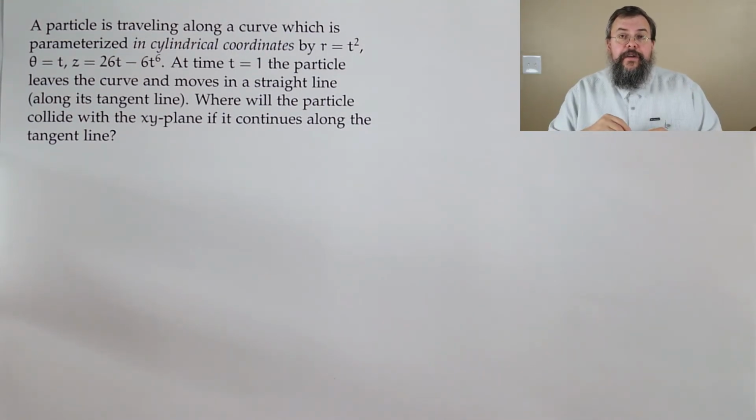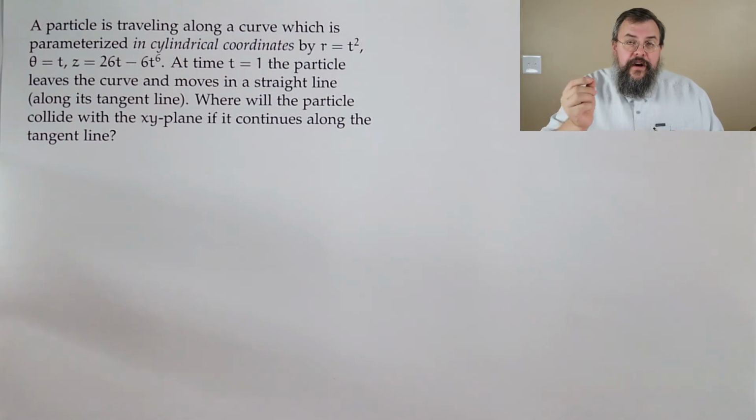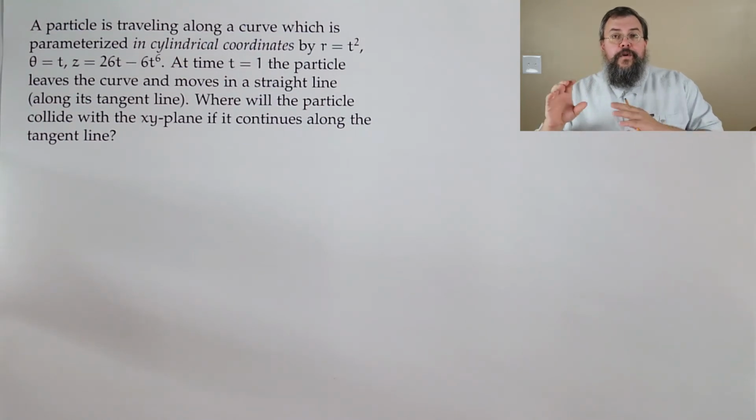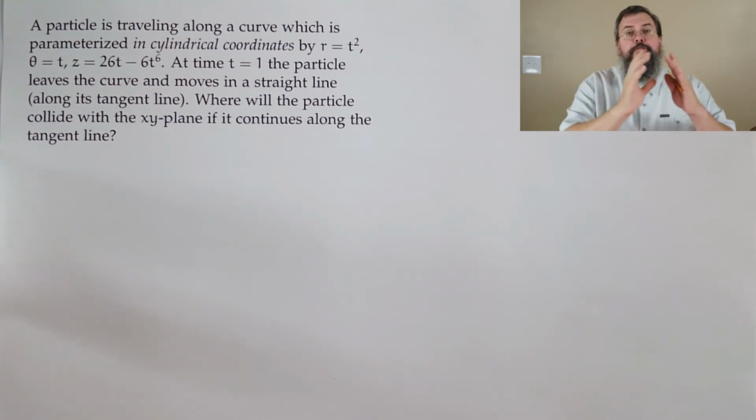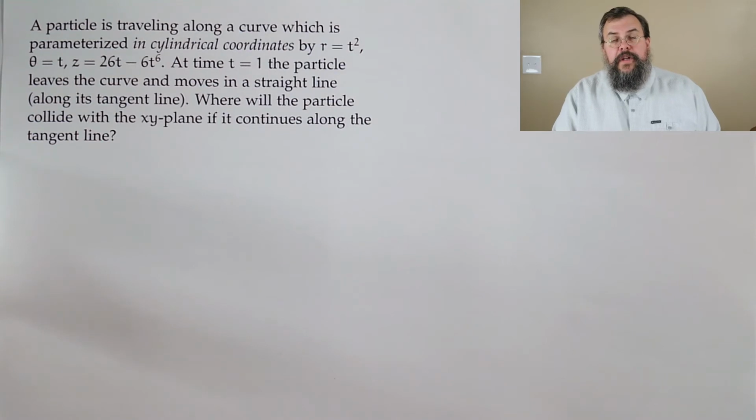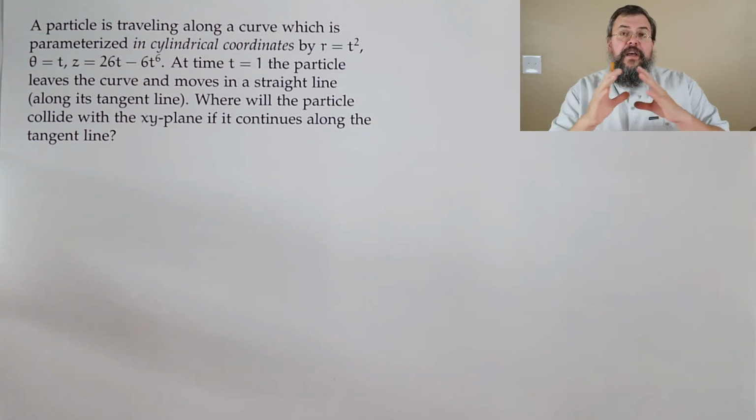So instead of describing it in cylindrical coordinates, we'll have step 1: start from cylindrical and move it to Cartesian. In other words, move it to something where we know what's happening. There's a reason we do this.